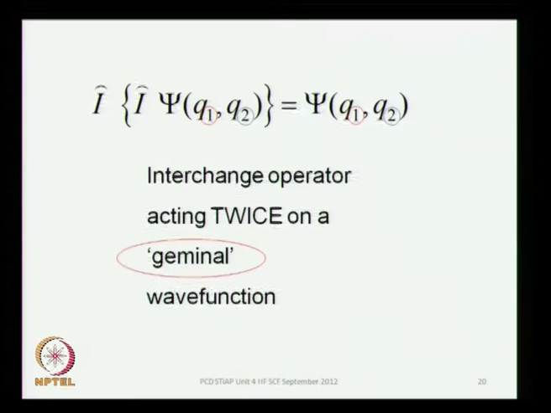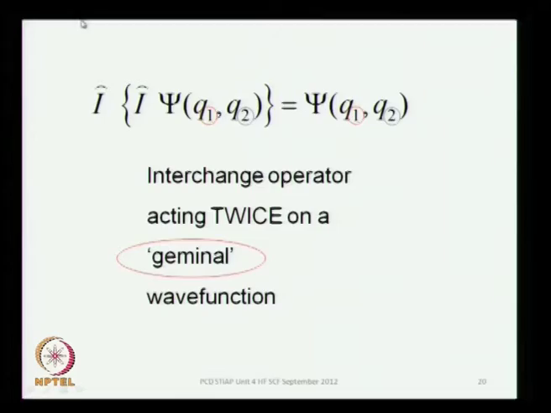So, you begin with a 2 electron system, apply the interchange operator, okay, and now you apply the interchange operator on this again, swap it one more time, you get what you started out with, right. So, 2 interchanges, I operating on psi q1 q2, and then another interchange operator operating on the result would regenerate the original system that you began with.